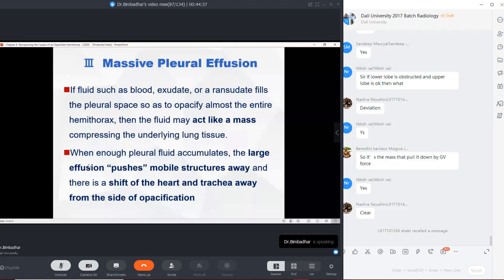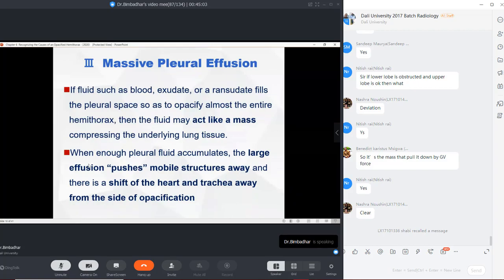So any kind of filling inside the pleural cavity will cause contralateral tracheal deviation, and will also push the mediastinal structures to the other side. Contralateral mediastinal shift along with contralateral tracheal deviation happens in pneumothorax and pleural effusion. Is this concept clear now?